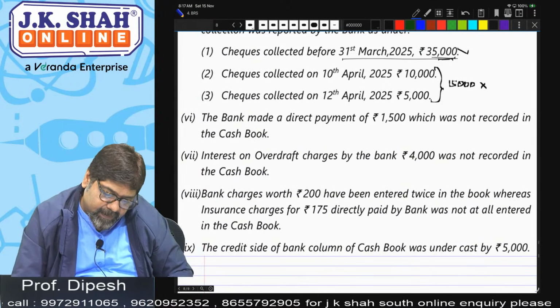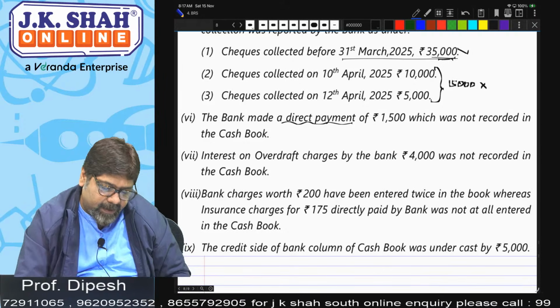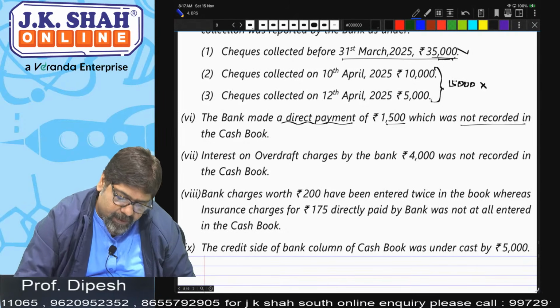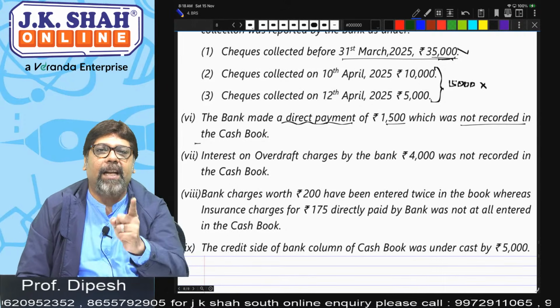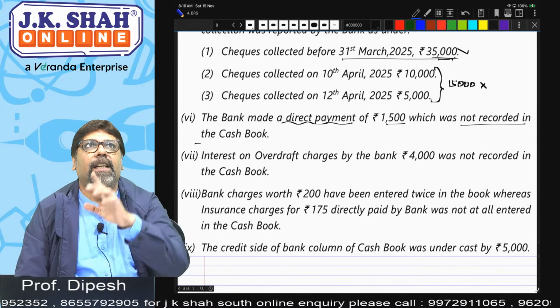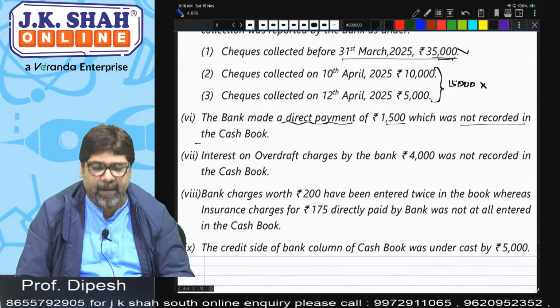Thereafter, it is given: bank made a direct payment of 1,500 which was not recorded in the cash book. This is simple. Payment not recorded in the cash book. Cash book mein payment will come on which side? Sir, cash book mein receipts will come on debit side. Payment will come on credit side.